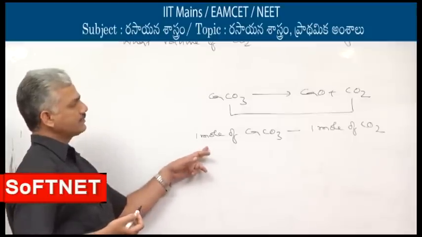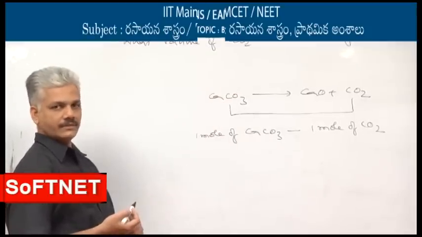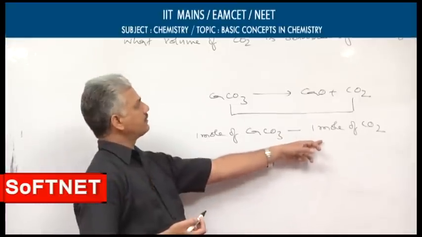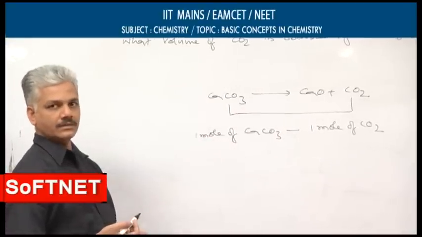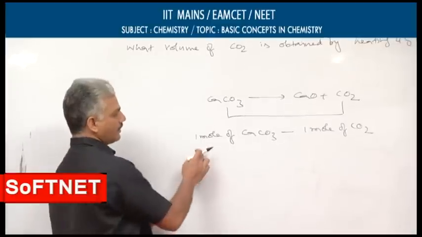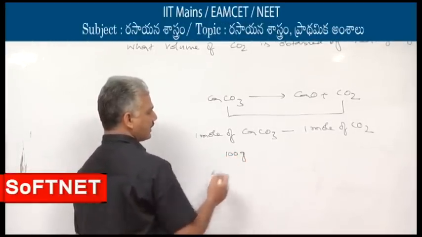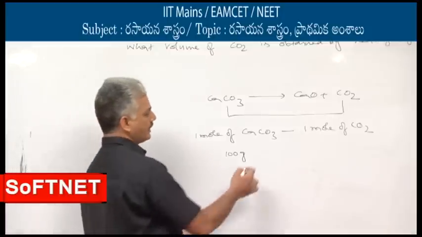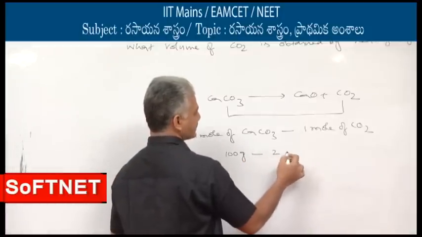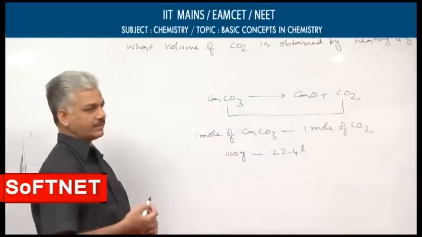Now, these moles are to be converted into weight because the calcium carbonate weight is given, and into volumes because we have to calculate the volume of carbon dioxide. 1 mole of calcium carbonate's weight will be equal to its gram molecular weight, which is 100 grams, and 1 mole of carbon dioxide's volume will be 22.4 liters at STP.